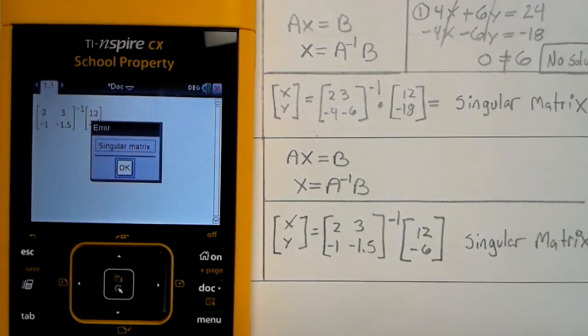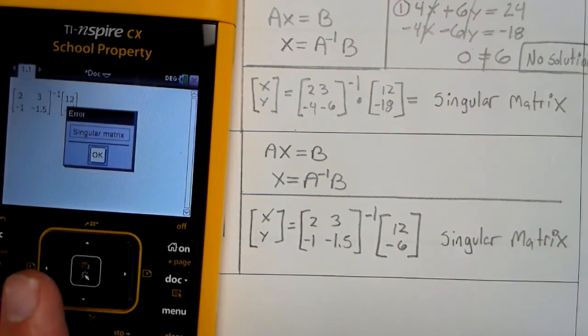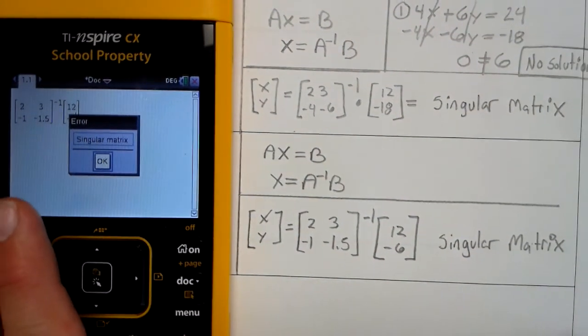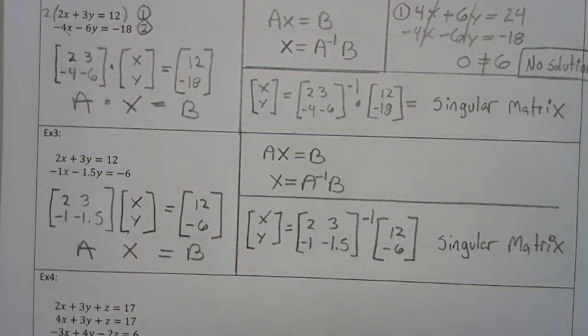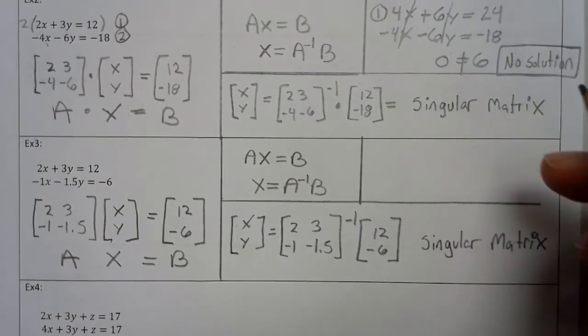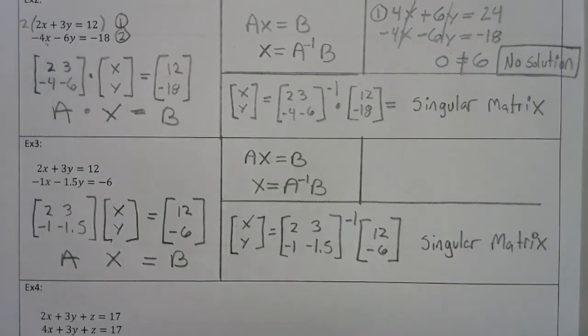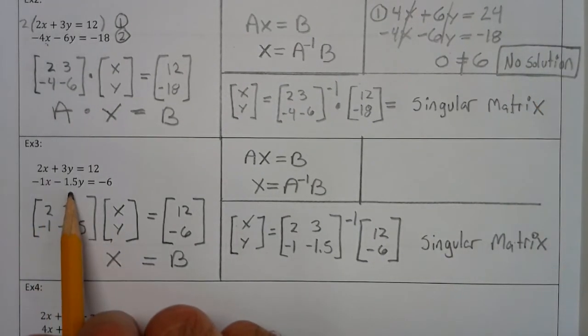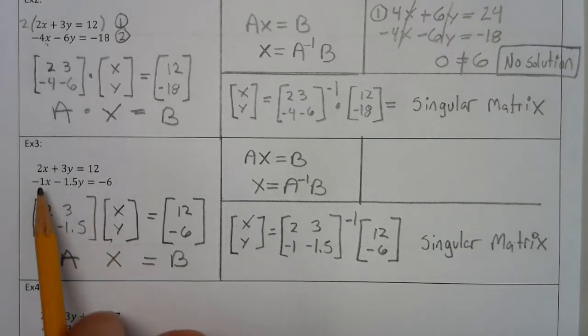If you get singular matrix, your solution is either going to be infinite solutions or no solution. So now we're going to solve it by hand or algebraically. All right, so I see the negative here, okay? There's a positive, so we probably want to multiply something by the bottom equation. And it looks like 2.